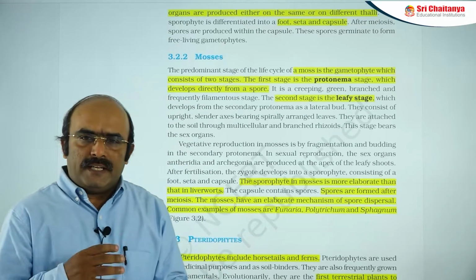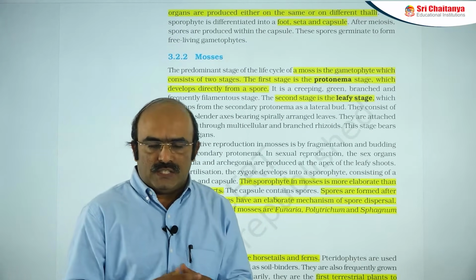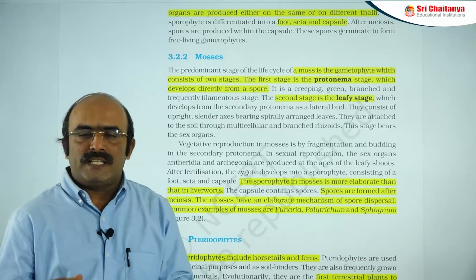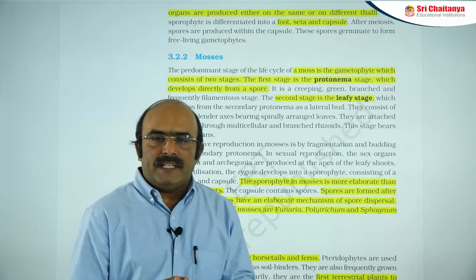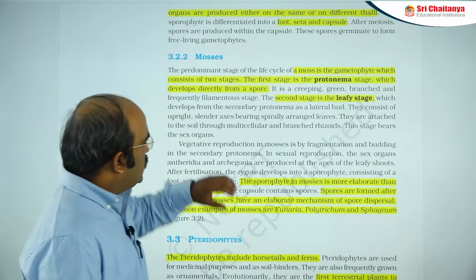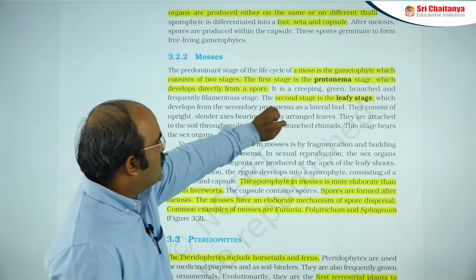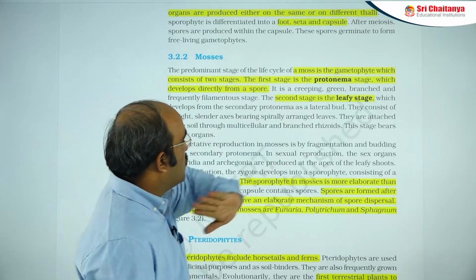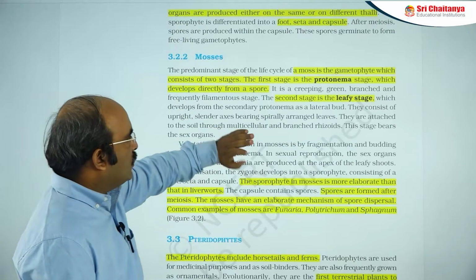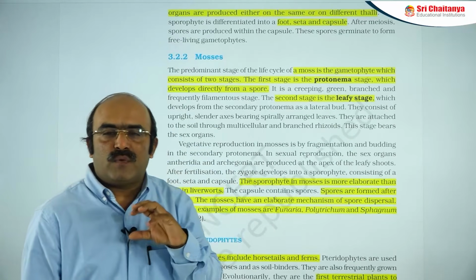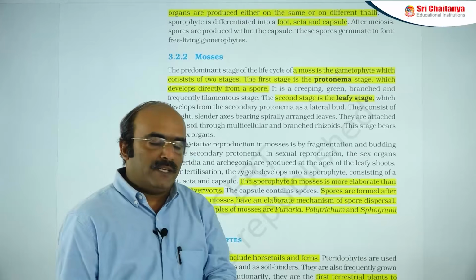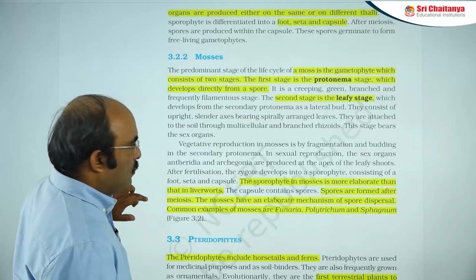The adult stage is a leafy stage which has root-like rhizoids, stem-like caulid and leaf-like phyllids. So the first stage is the juvenile protonema and the second is the leafy stage. On the leafy stage, the leaf-like structures are spirally arranged. That's also a point you need to remember.